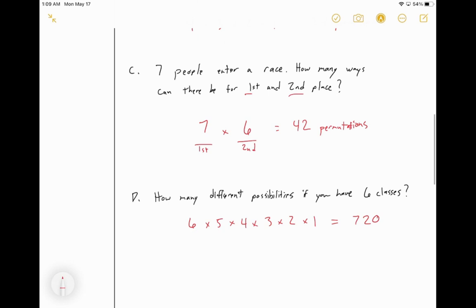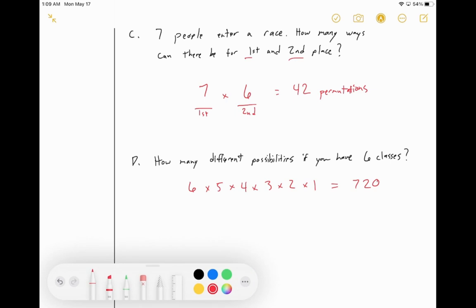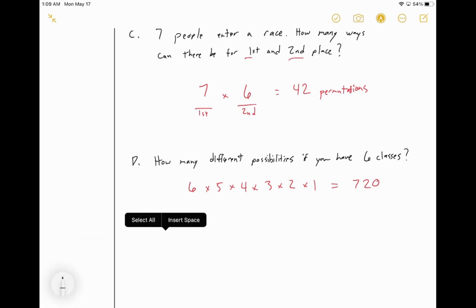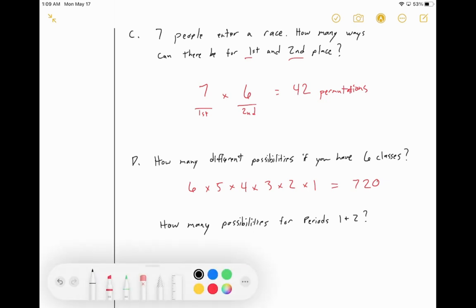If I was asking this exact same question, but I only said, how many different possibilities for my first two classes, period 1 and period 2, again, I would not go all the way from 6 down to 1.